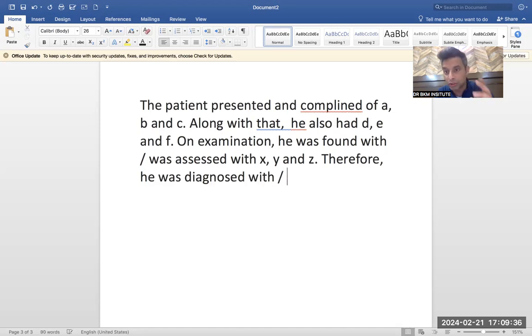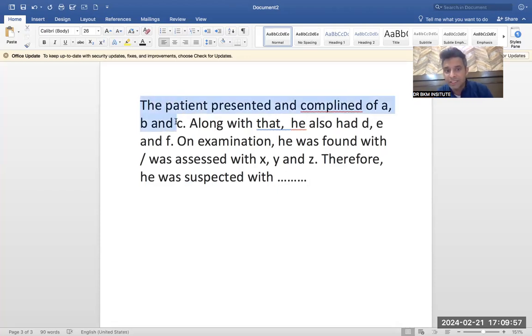Suppose if a question mark is given with the diagnosis, that means he was suspected with. So you write only one thing, either diagnosed with or suspected with. If a question mark is given, then you will say he was suspected with. So whatever disease is given, that again is suspected by us, by the hospital.